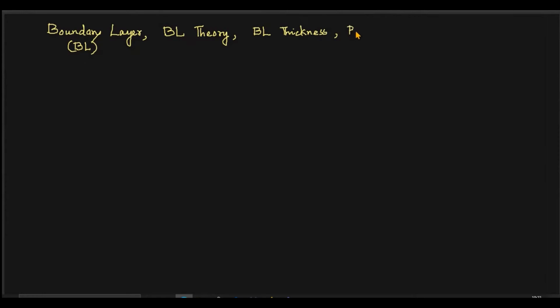Then we'll discuss boundary layer growth. Then the nature of boundary layer flow, where we also have the classification: laminar boundary layer flow, turbulent boundary layer flow, and in fact a transition in between. So these are all involved.